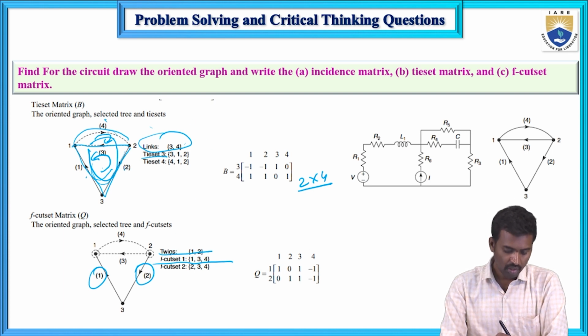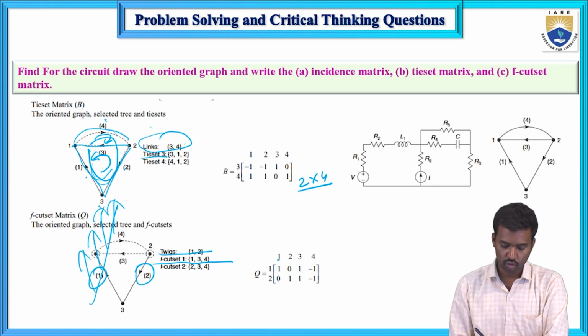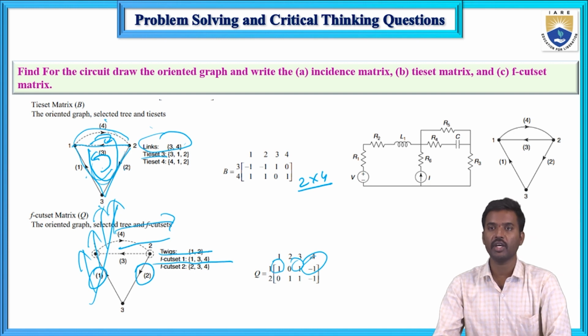Now, F cut set 1: this direction should be like this. And next, 1 is the same direction and 3 is this direction, so this is the same direction, and the fourth is this direction, that is the opposite direction, that is -1.